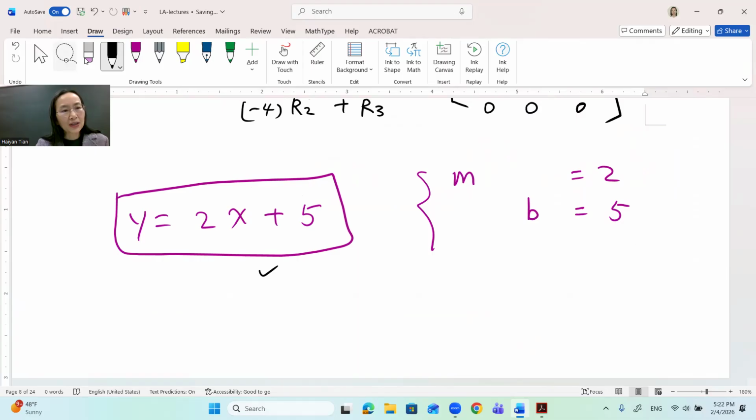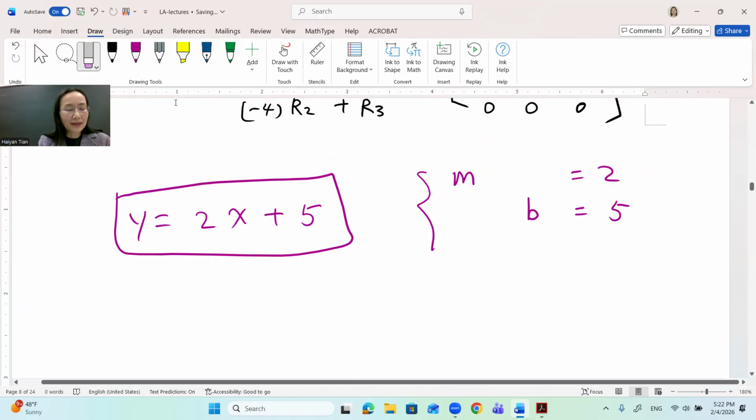So both approaches ended up with the same line, which is not surprising. So we have a unique solution for the system, but with a different formulation. So we assume the line in different forms in the two methods.